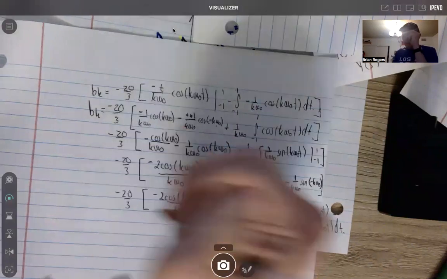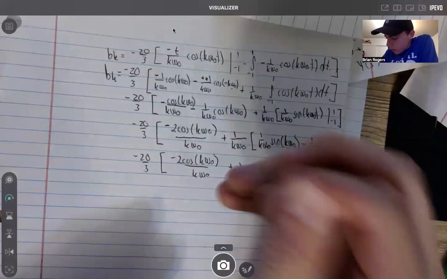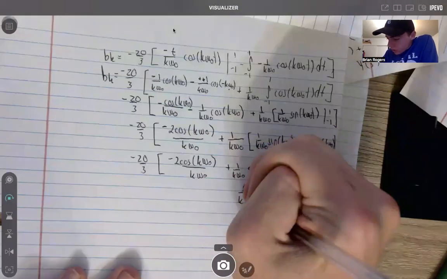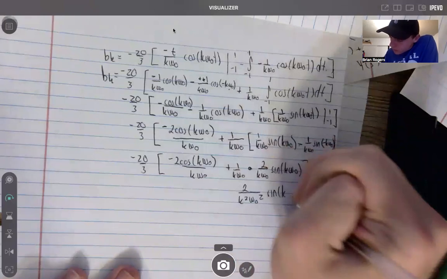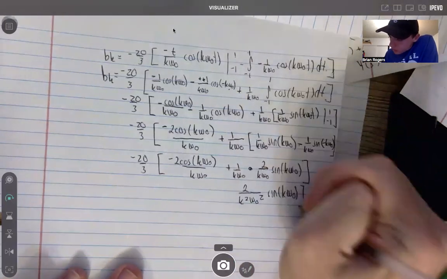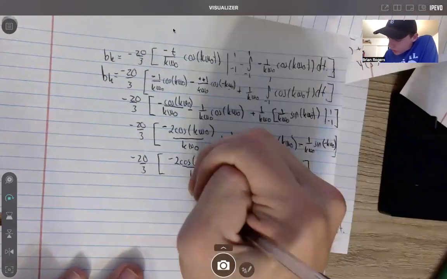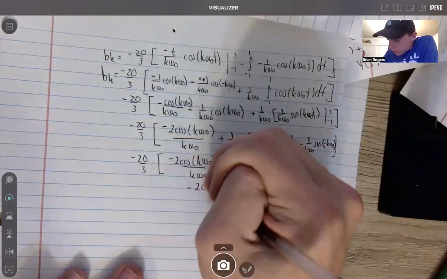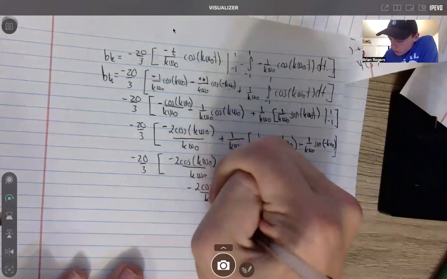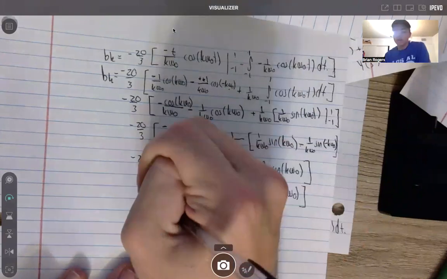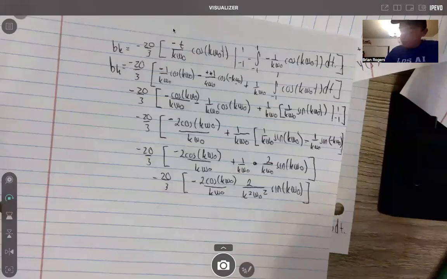Okay, now that we got that, it's going to become 2 over k squared omega naught squared sine of k omega naught. And then we have -2 cosine k omega naught over k omega naught, -20 over 3. Sorry, forgot the plus sign in between.